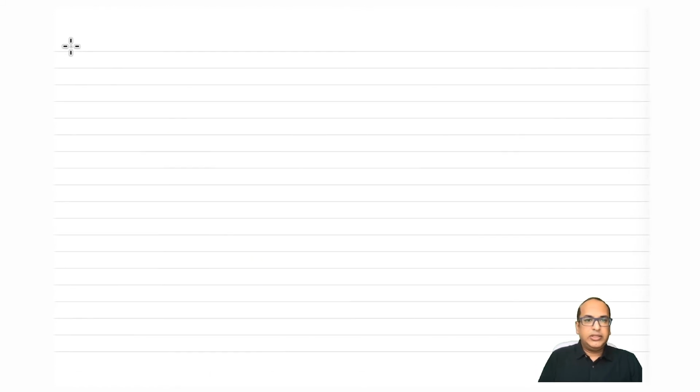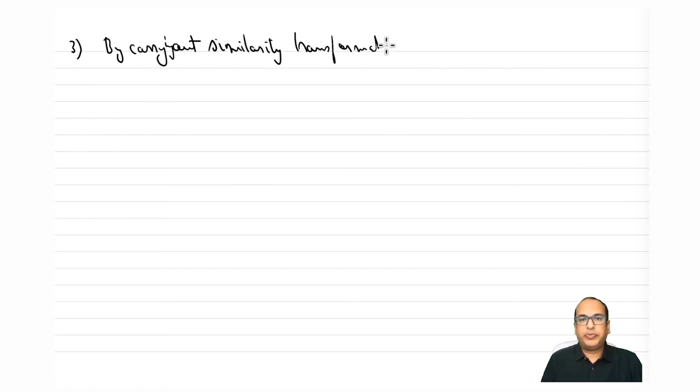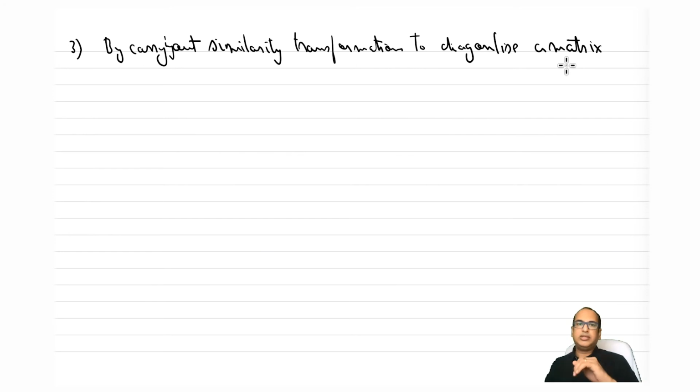The third way is by carrying out similarity transformations to diagonalize a matrix. So this is a tedious method. It is not straightforward, because here we need to find a matrix which can be used for similarity transformation to actually diagonalize a matrix.